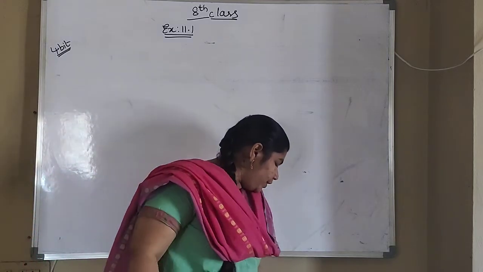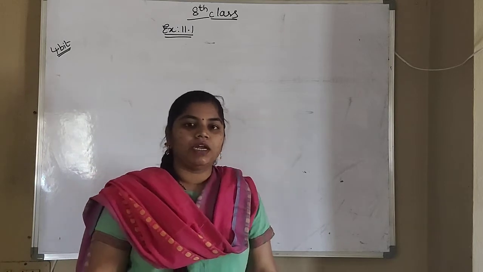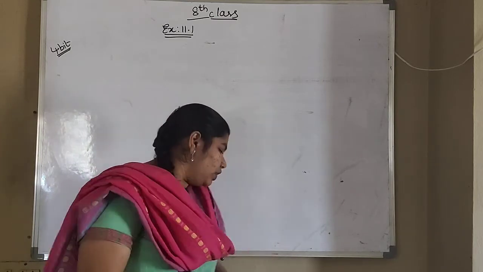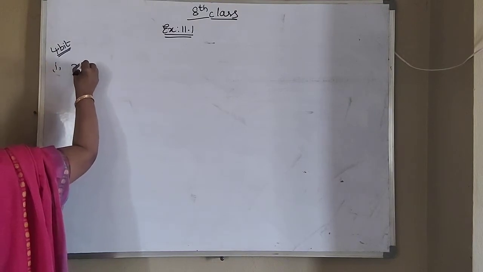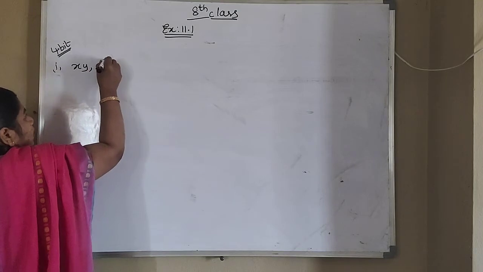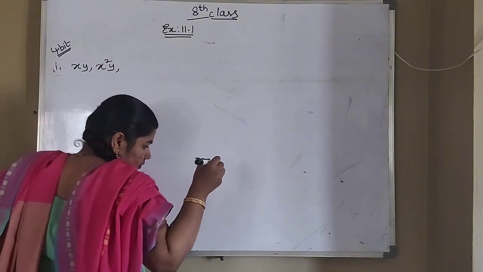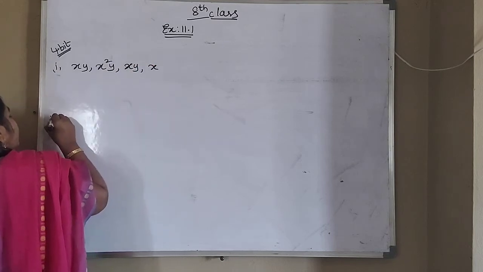So what is fourth bit? Find the product of the following monomials. Again we have to find the product of monomials only. So first one is what? xy, x square y, xy and x.